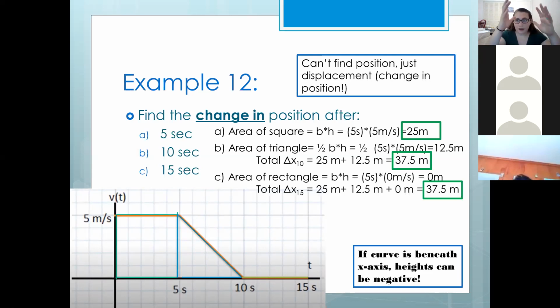Because if you have a positive area on top and a negative area on bottom, when you add them together, those signs are important, right? If you have 5 plus 2 versus 5 plus negative 2, you get different answers. 5 plus 2 is 7. 5 plus negative 2 is 3. So you need to keep those negative areas as negative when you're adding them together to get your total displacement.